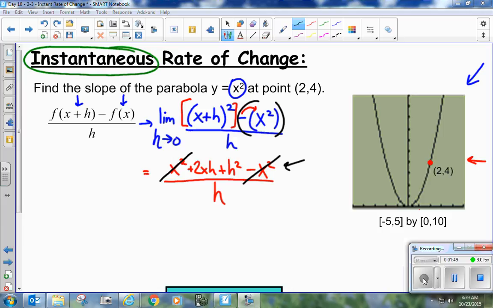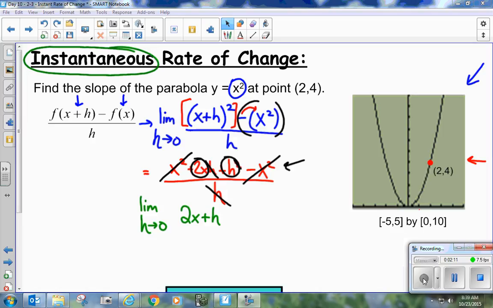Now I can cancel my h. The h in the denominator cancels with one h in each term in the numerator. So I'm left with 2x plus h. Ultimately, I have the limit as h approaches 0 of 2x plus h.